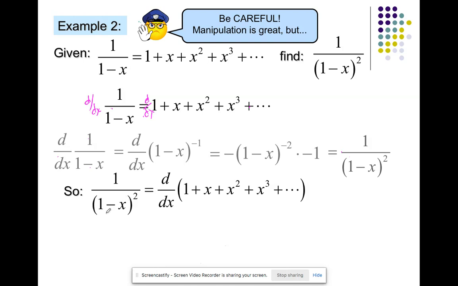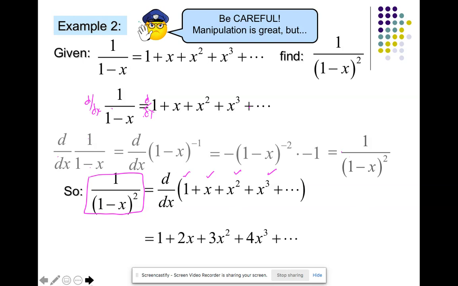To find its infinite polynomial, just differentiate term by term. And polynomial derivatives are sweet. The derivative of 1 is 0. The derivative of x is 1. x squared is 2x, x cubed, and blah, blah, blah. And I gave them 4 terms, assuming that they asked.